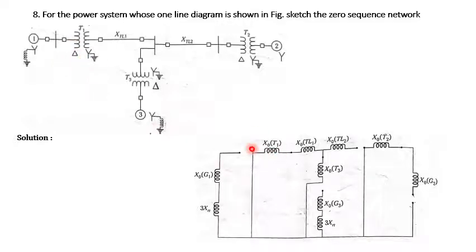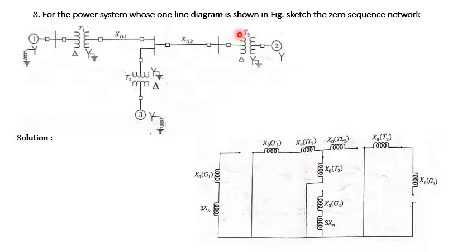I told you, if it is delta, we need to close the shunt switch here. The secondary side is star grounded, so this series switch we are supposed to close. Then for the transmission line, this is the reactance of the transmission line. Again we have transmission line 2.